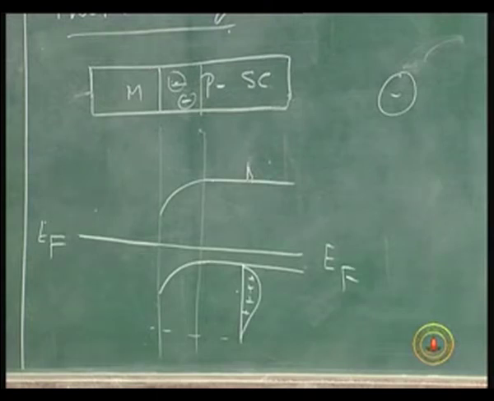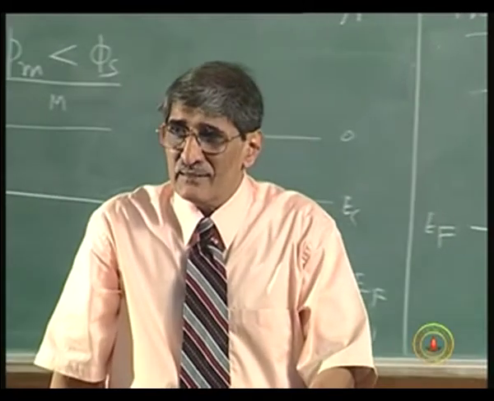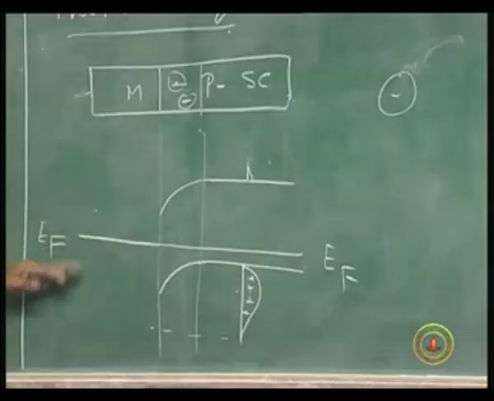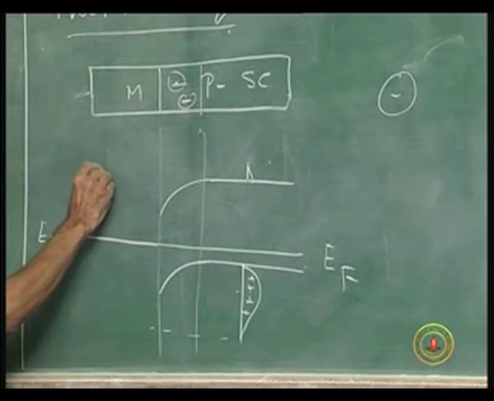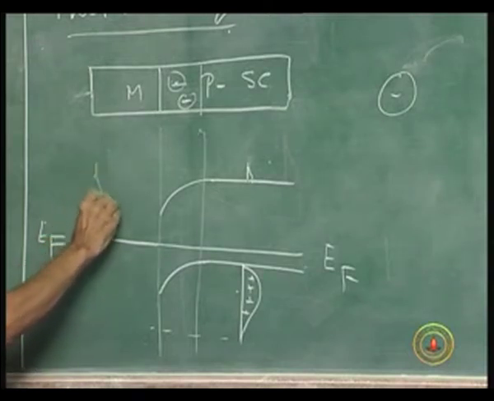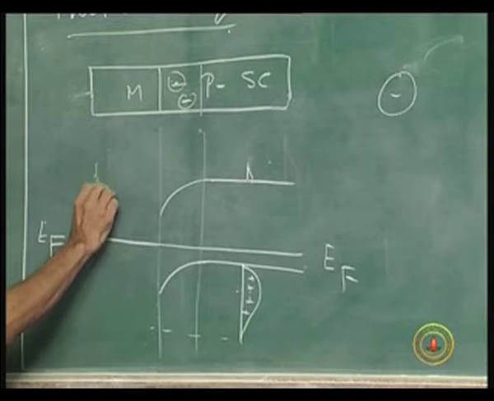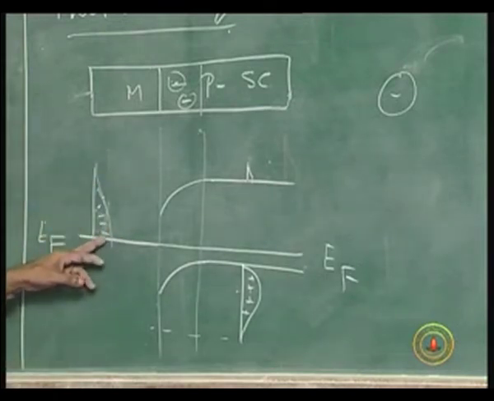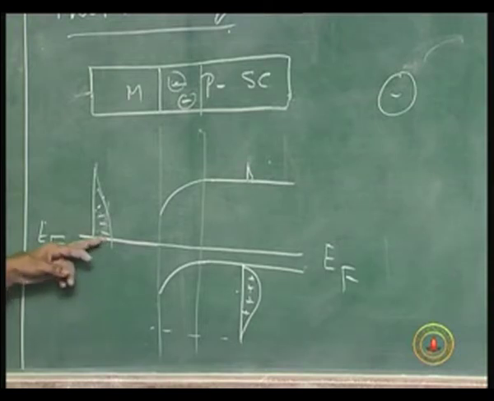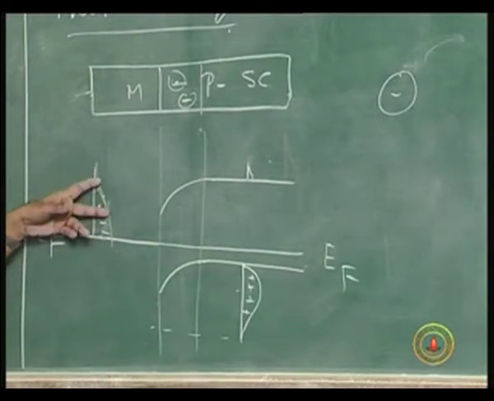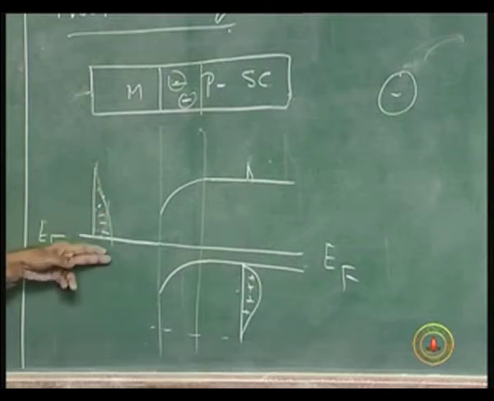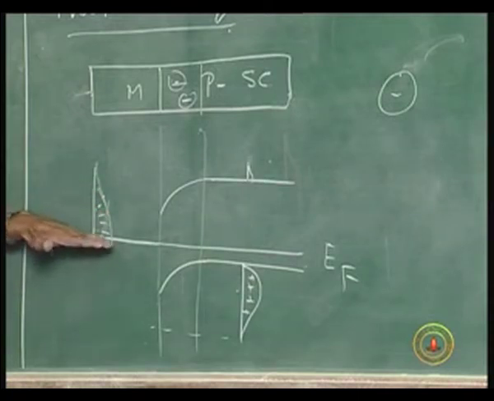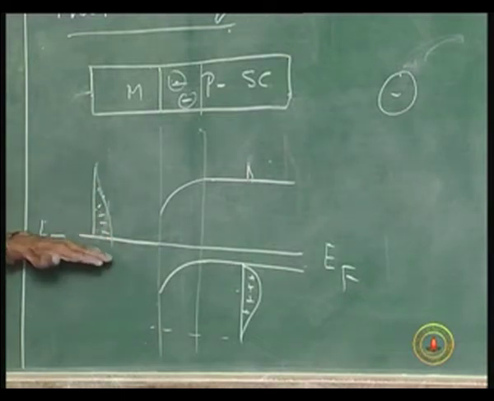And in the metal also you can talk of holes, in the sense that you have got the electrons here which are coming like this. What is this due to? Where has it come from? From here. If you go down to a very low temperature, most of the electrons will be below that.